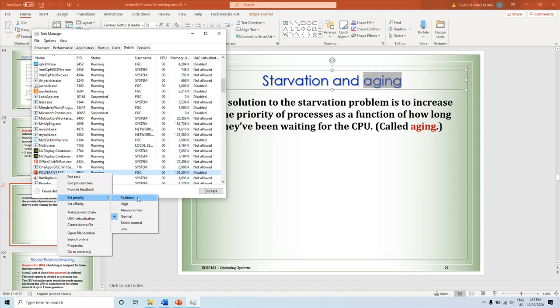The highest is real time priority, then high, above normal, normal, below normal. So what you understand is that the priority scheduling algorithm is implemented in all operating systems, and processes have some level of priority, which is fixed by the operating system, and we can explicitly change the priorities according to convenience. Is it clear to you? We can increase or decrease the priority.